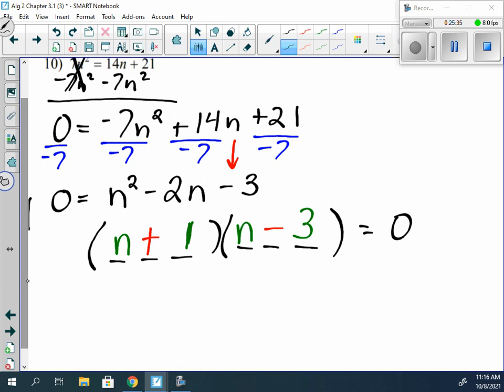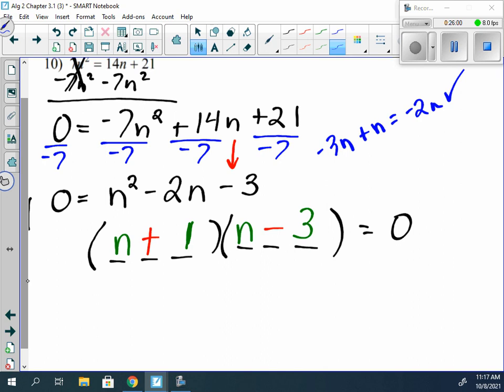The same logic works with, especially if we had 2n and 3n. Which one's more likely going to give us the bigger number? That one we might want to have negative. And if we do check this, n times -3 would be -3n. 1 times n is plus n, which gives me the -2n that I wanted.